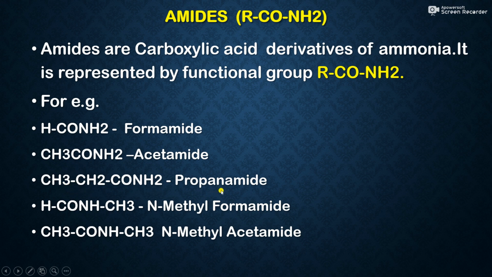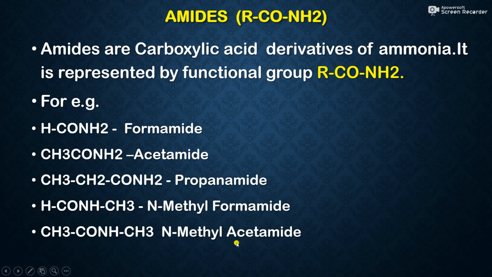Next one is propanamide. This propanamide is also made up of propanoic acid and ammonia. Then this is quite different. On the amide nitrogen there is one group here, therefore it is known as N-methyl formamide. So this part is the formamide part, and on nitrogen there is one methyl group, that's why it is known as N-methyl formamide.